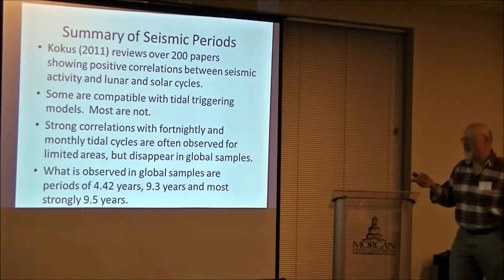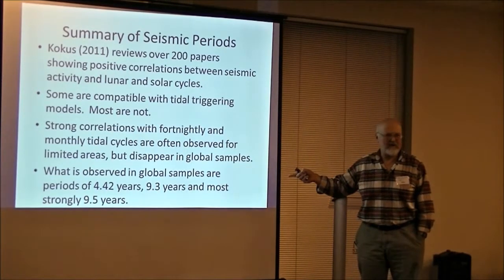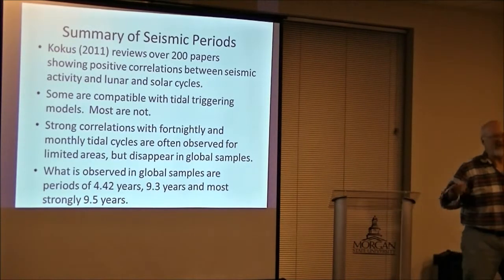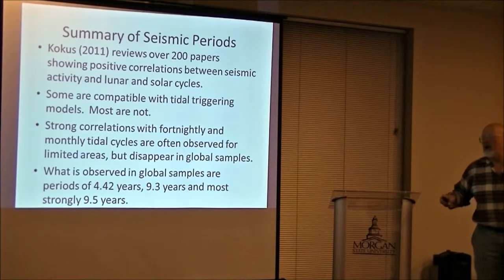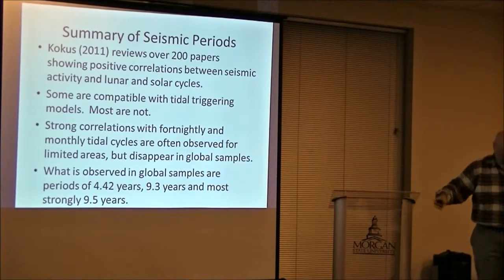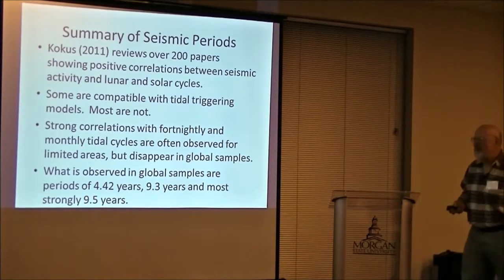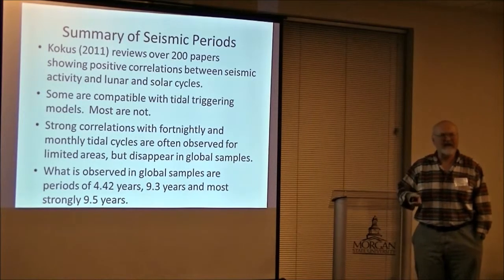What should really be curious here is that we don't get an 8.84 year period. That doesn't show up, and that is what your tidal models would predict. What's different between the periods you find in the general Reyes effect and the periods you find in tidal models, tidal maximums, is that the anomalistic period shows up in the tidal models.